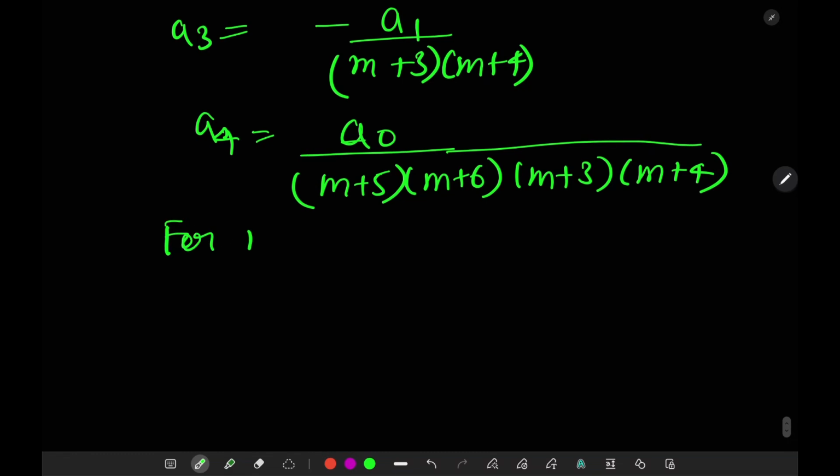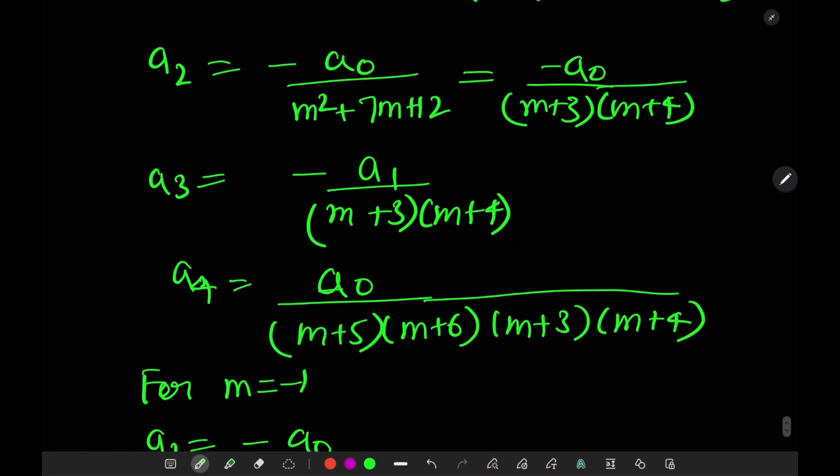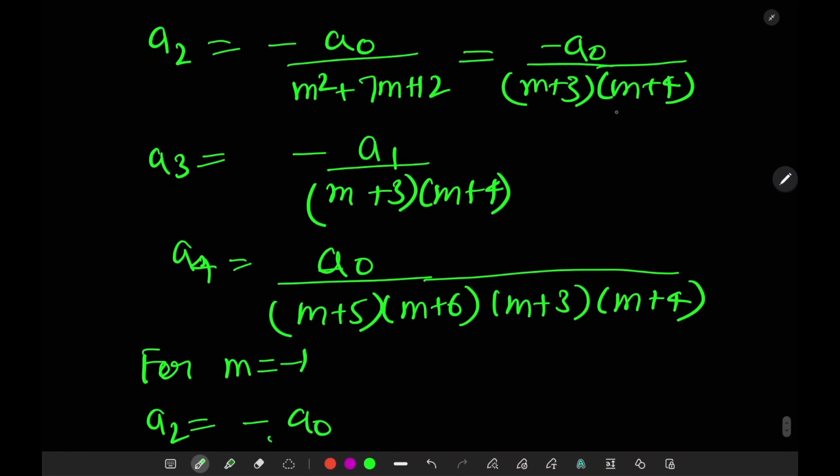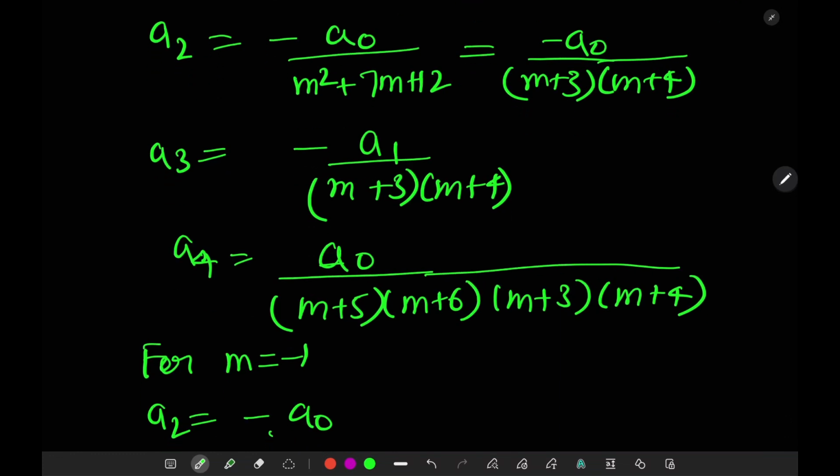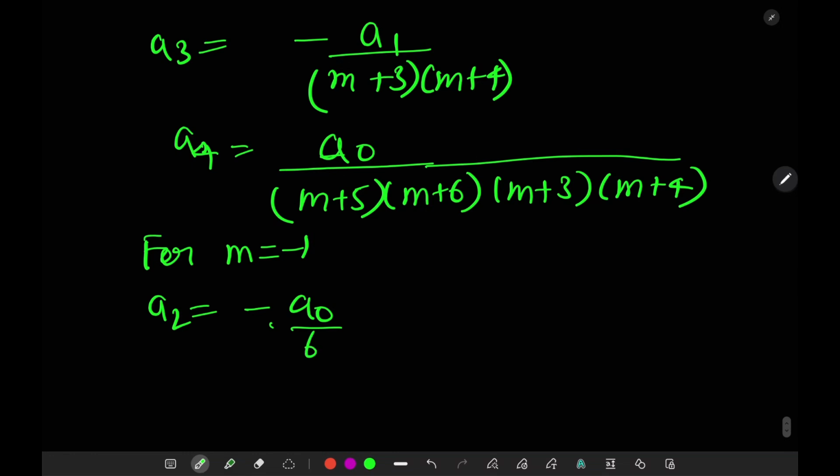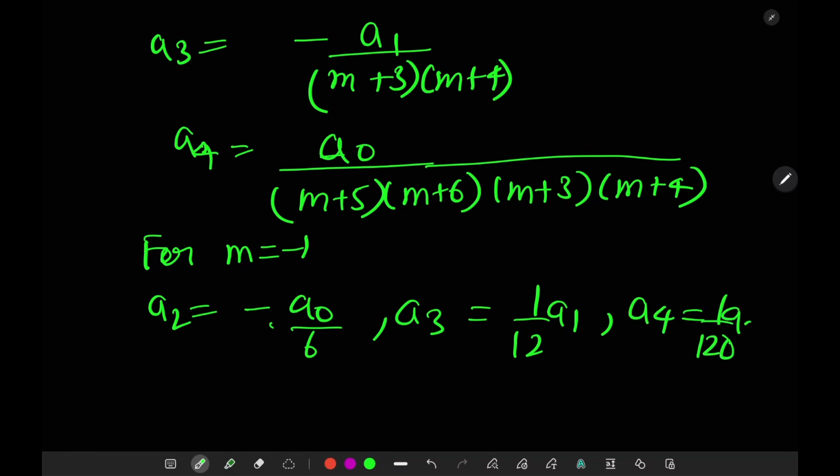For m equal to minus 1 we get a2 is equal to minus 1 by 6 and a3 is equal to 1 by 12 a1 and a4 is equal to 1 by 20 a naught.